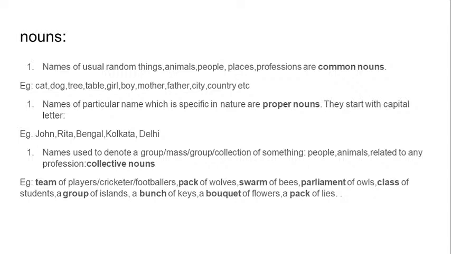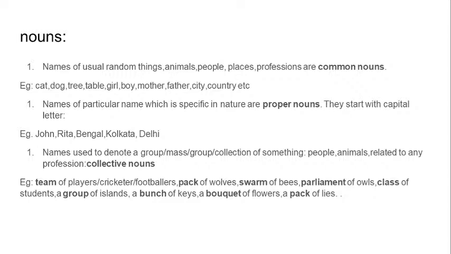Okay, what are nouns? As I have told you, nouns are the names of usual and random things, animals, people, places, professions, anything. Okay, they are nouns. Now, the most common are common nouns. So cat, dog, tree, table, whatever, they are the common nouns, because they denote common items.